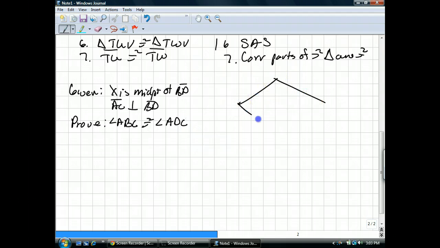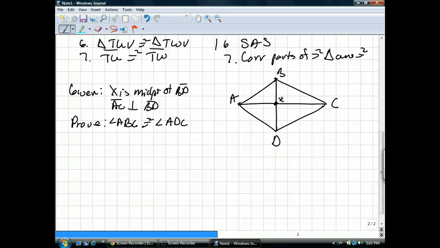And here's our picture. Okay, so this is A, B, C, and A, D, and this is point X here.